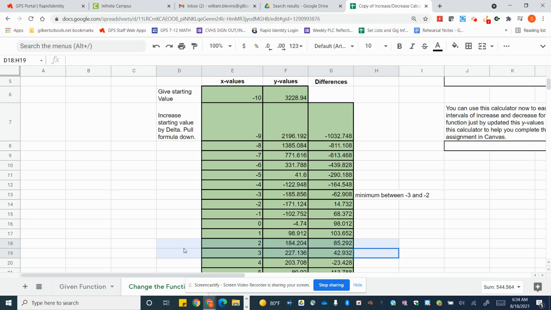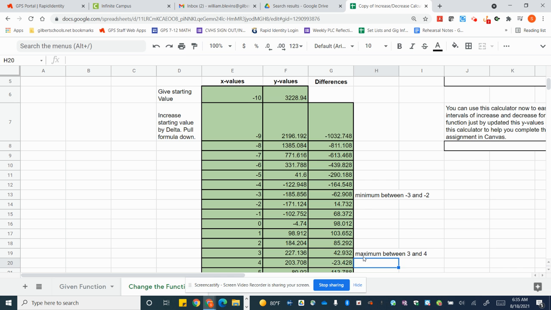Notice here between x being 3 and x being 4, our differences go from positive, which means increasing, to negative, which means decreasing. So our function increases and then decreases. That creates a maximum. So somewhere between x equals 3 and x equals 4, the function hits the highest point. So we have a maximum between 3 and 4.